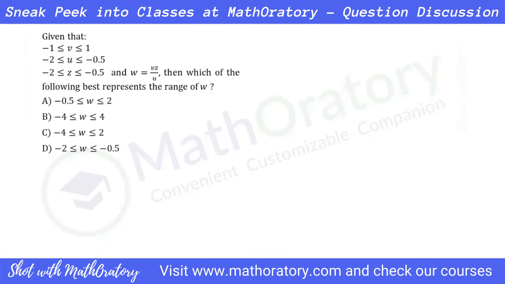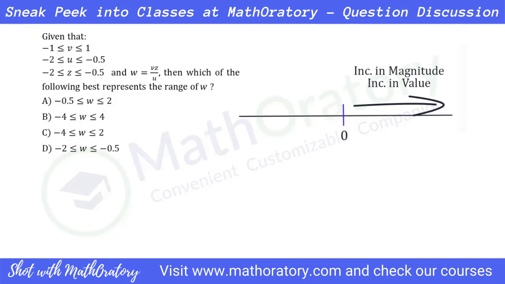Same idea, the magnitude and sign idea here. So we'll keep this idea in mind. I'll just redraw the number line. So when you have 0 here, an increase in magnitude on the right hand side will lead to an increase in the value, and an increase in magnitude on the left hand side will lead to a lowering of the value.